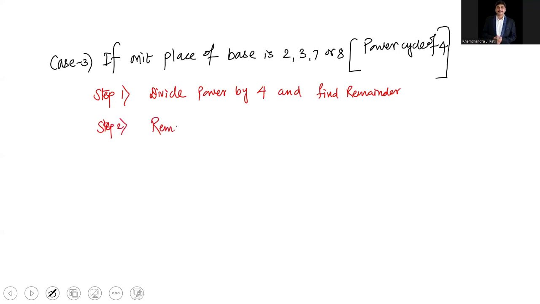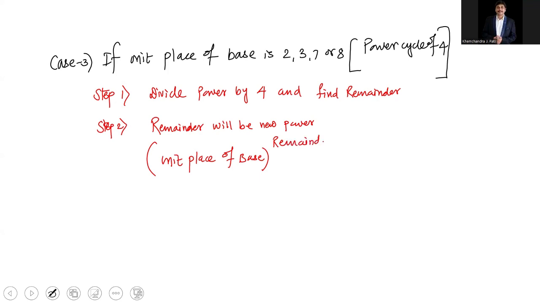Remainder will be new power. Then unit place of base raised to remainder. हो गया. एक एग्जांपल लेके समझ लेते हैं.